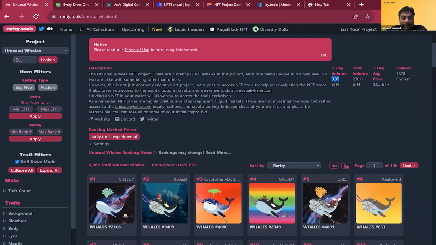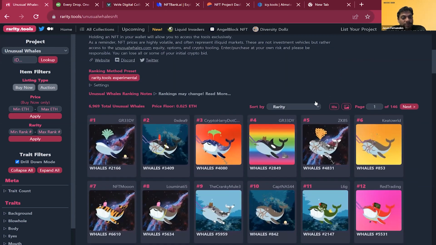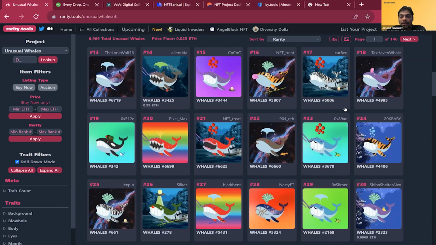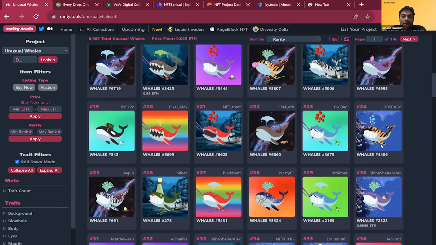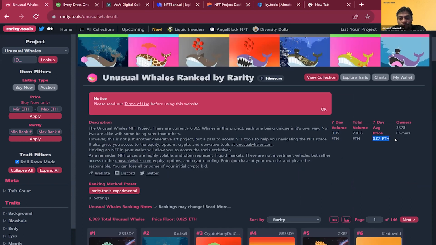So 0.35 Ethereum is about $300, which means over the last 7 days, only $300 of these whales have either been bought or sold, which basically means it's practically a dead project. You can also see the 7-day average price, extremely low, 0.02 Ethereum, but it's still owned by 33,000 people.